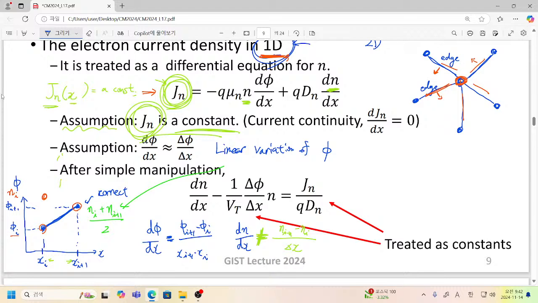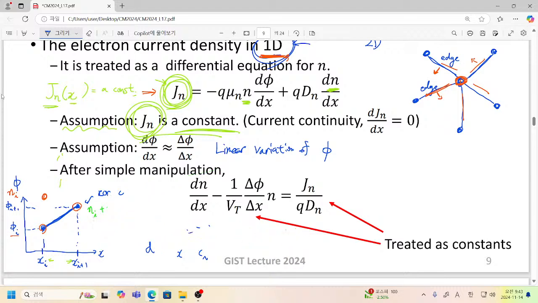Electrostatic potential changes linearly. However, electron density, which is an exponential function of this phi, can change dynamically. That is our assumption. So now please have a look at this one.